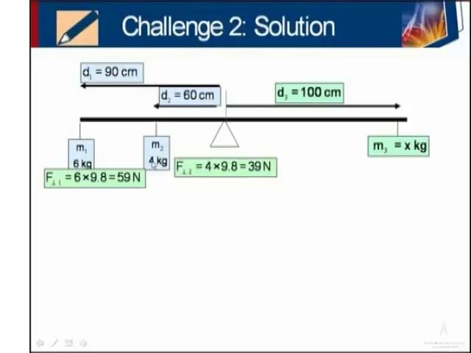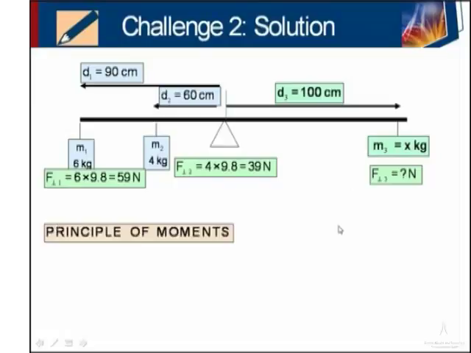In this case, mass 2, the applied force will be 4 kilograms times 9,8, giving us, rounded off, 39 newtons. On this side, we do not know the perpendicular force, and we are going to calculate this so we can get back to work out what the mass is. Let's look at the principle of moments.